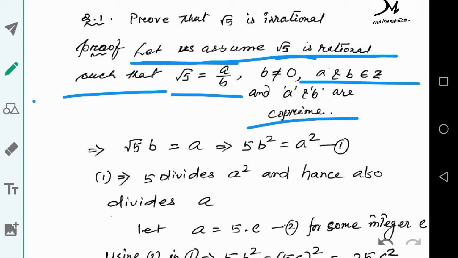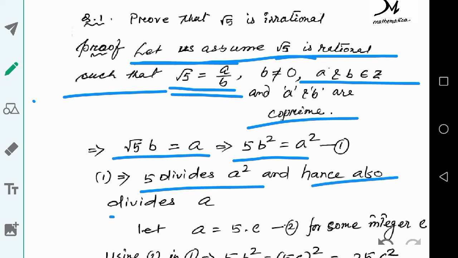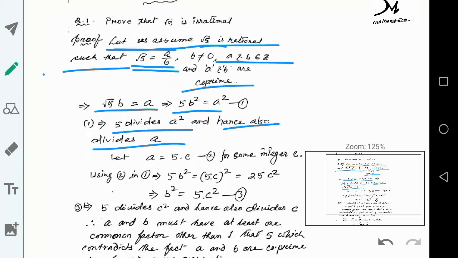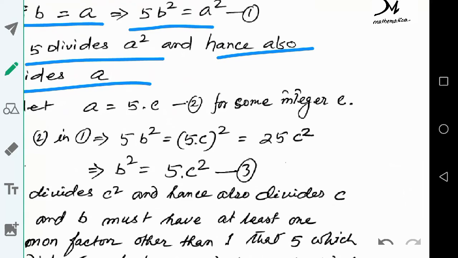Similarly, simplifying this, we have got root 5 b is equal to a. Squaring both sides, we have got 5b square is equal to a square. That means 5 divides a square, hence it also divides a. If 5 divides a, I have considered here that multiplying c by 5 we get a.